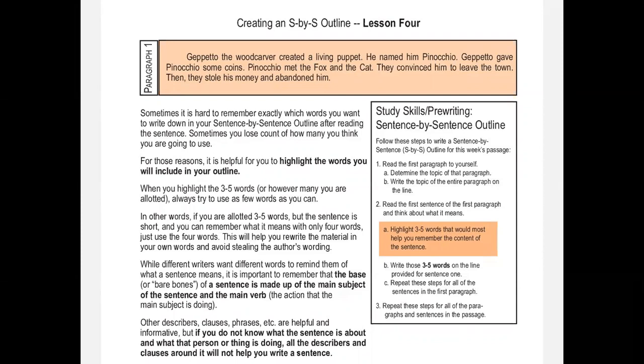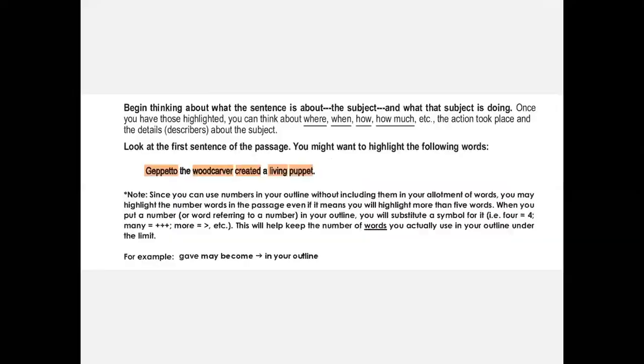Now, a lot of times they will highlight more than 3 to 5, knowing that they're going to use symbols, and that's okay too. All right, so in this, I always try to guide them. And again, the sample outlines in the Tools and Tricks books, as well as all the first semester meaningful composition books, those samples are going to be vital because they are going to teach your student to look for the most important words.